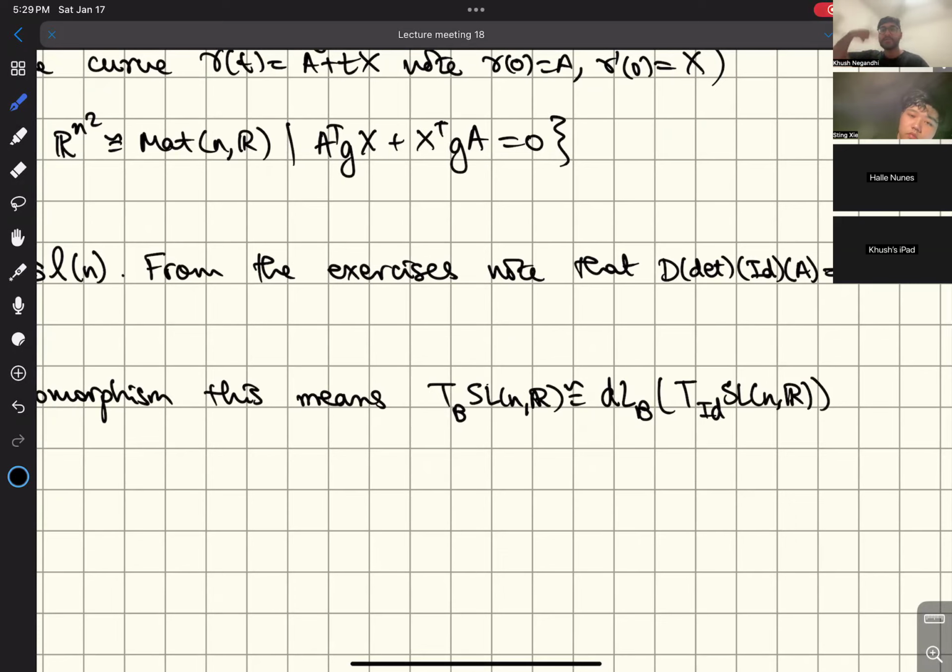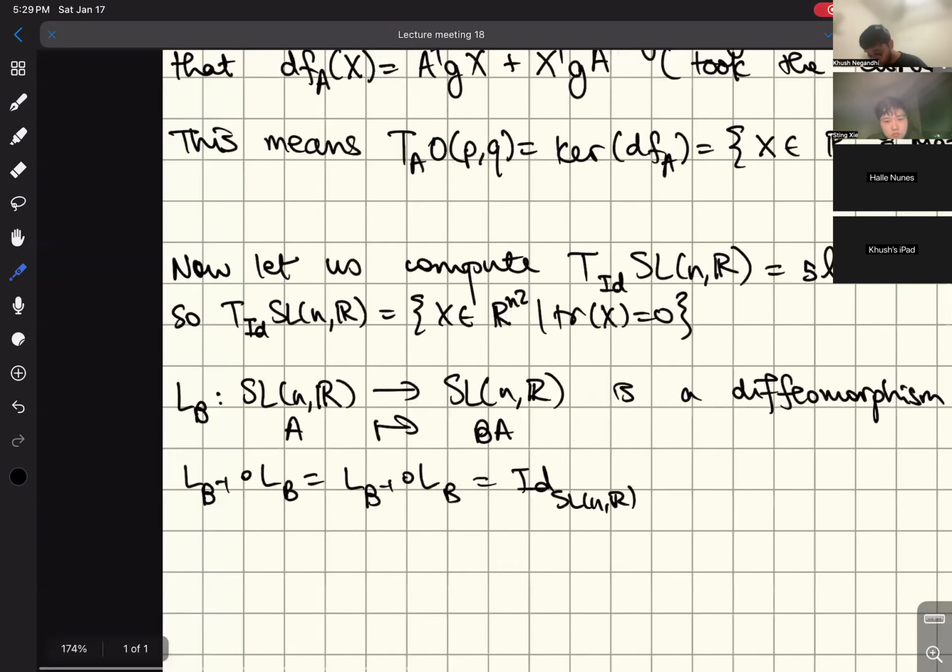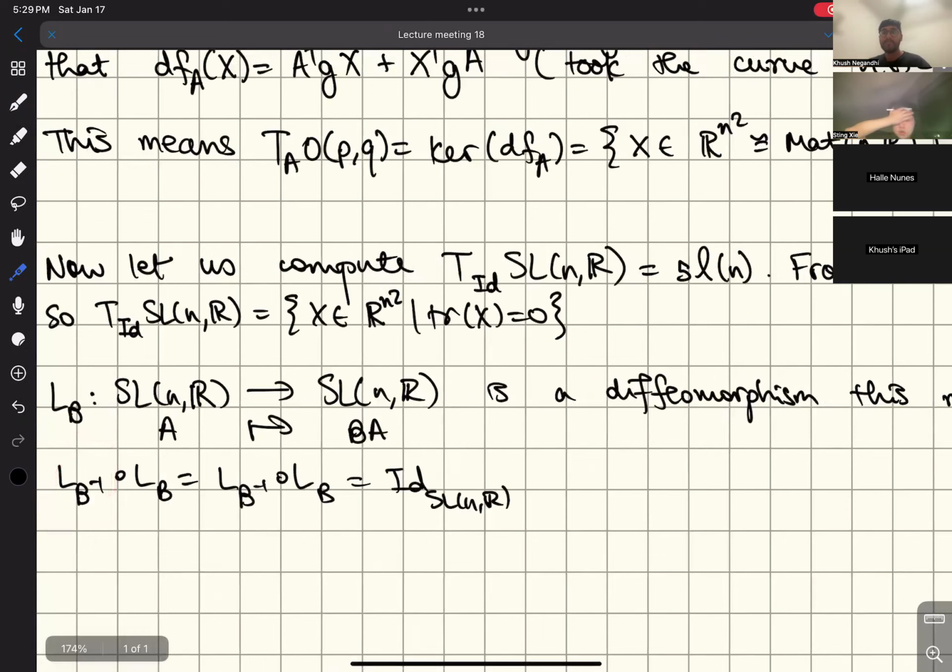Because I have a diffeomorphism, one might have to check that this map is an isomorphism of vector spaces, but this follows from the chain rule and the inverse function theorem. But you don't really need the inverse function theorem. This follows from the chain rule because you know that its inverse is smooth, since it's also given by left multiplication. So by composing it, you get the identity.